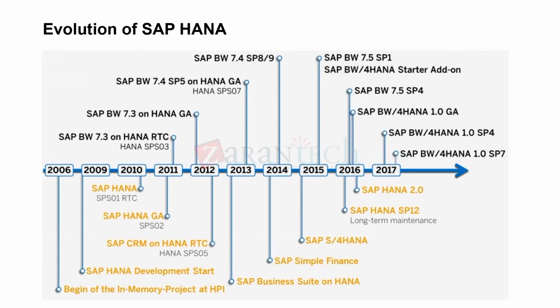There are lots of versions and flavors of HANA which have come up, and HANA as a database is now widely used in other applications as well, like S4 HANA, which is an ERP system, BW for HANA, which is a BW system, and SuccessFactors and lots of other systems which are using HANA as an in-memory database.